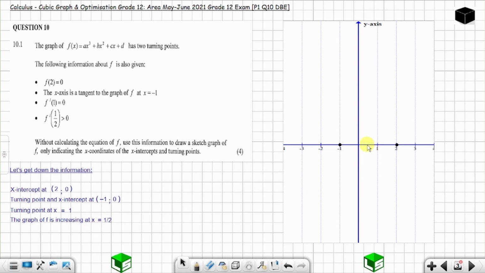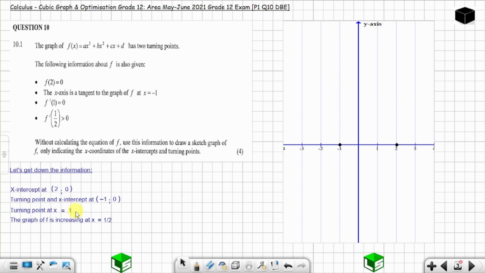This is a half, so the graph will be increasing, going up like this at x is equal to a half, not going down like this, but going up at x is equal to a half. So from this, you know that the y value of this point is positive.